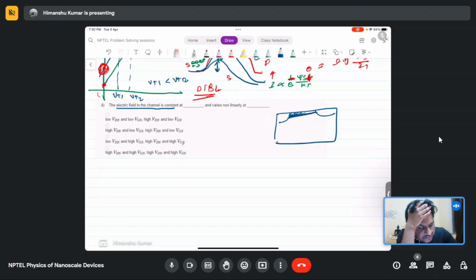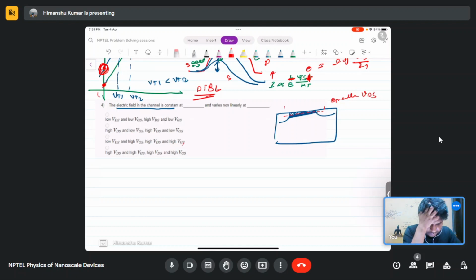So the voltage drop along this direction is very small. For small VDS, the voltage drop across this horizontal line will be small.